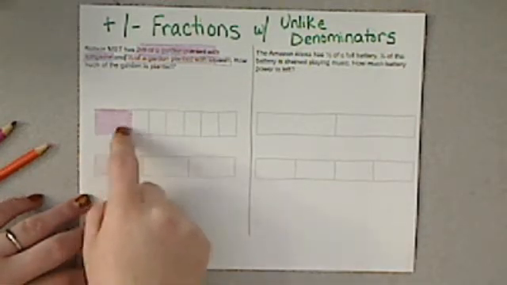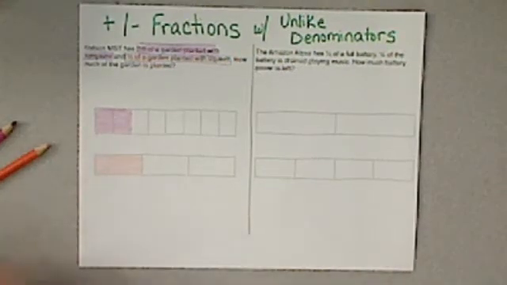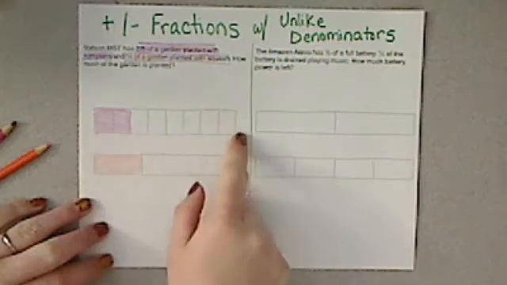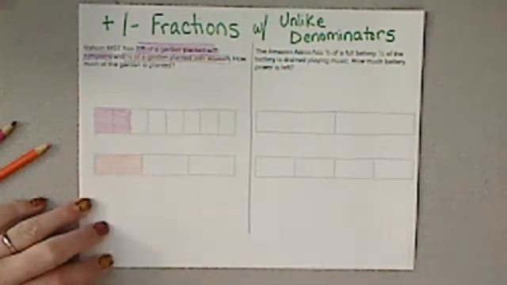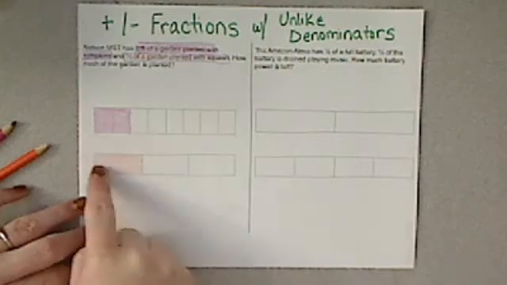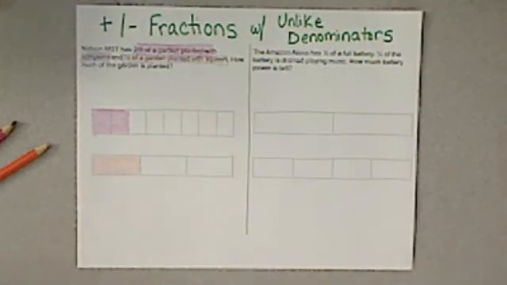Why is the different number of pieces a problem? If you said because they're different sizes, you would be correct. We need to add pieces that are the same size. So we're going to have to change the total number of pieces to make them equal.